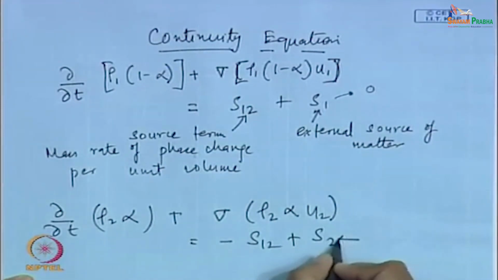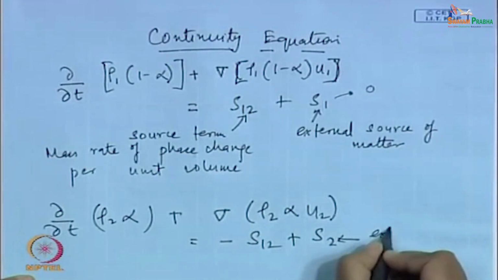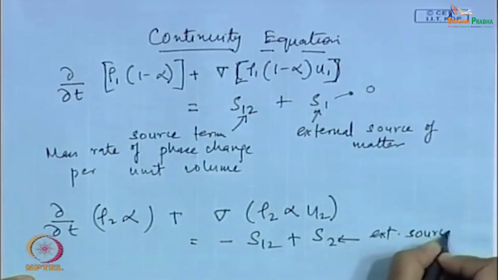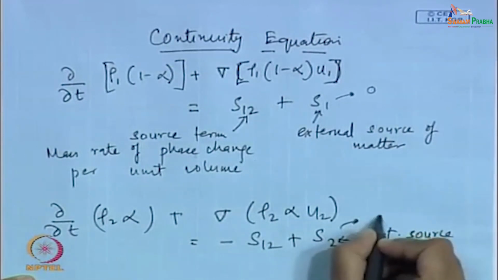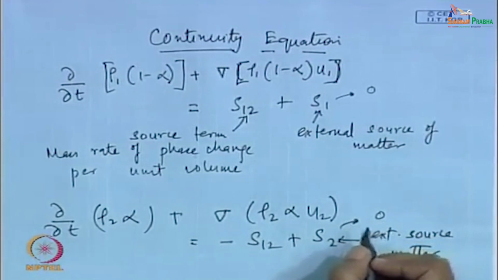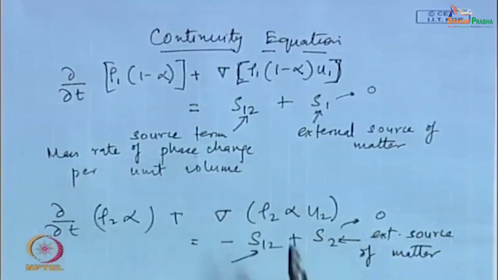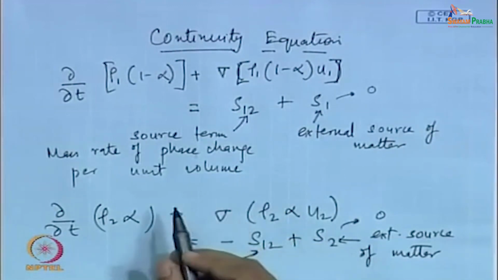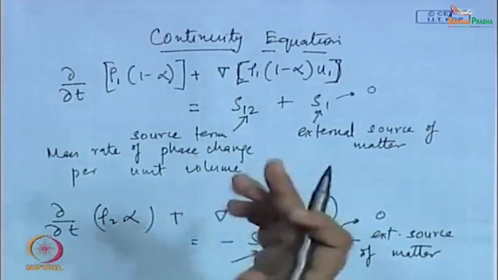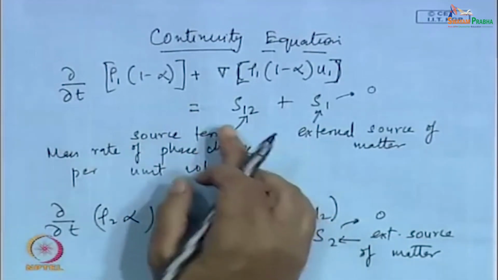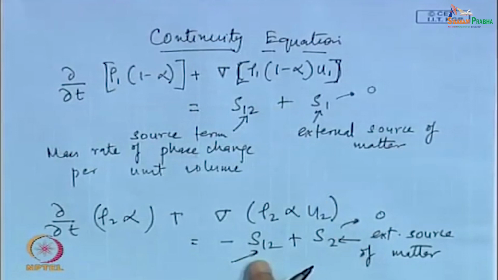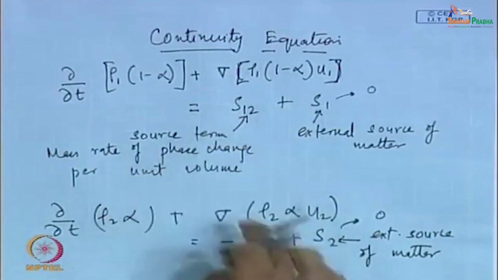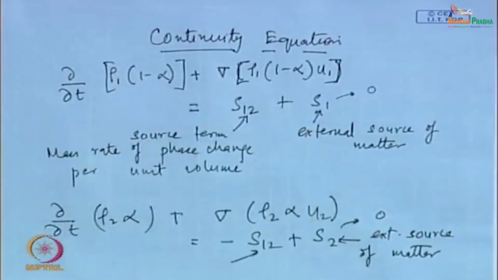This S 2 is again external source of matter, usually taken as 0. And naturally it represents the mass rate of phase change per unit volume. So if mass is moving from phase 2 to phase 1, S 1 2 is positive since mass is entering, and S 1 2 is negative when mass is leaving. So these signs will be adjusted according to the situation.